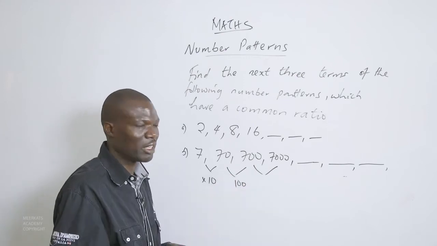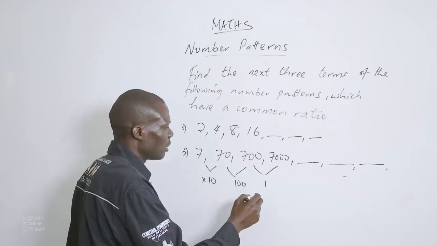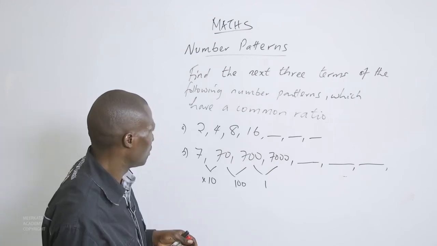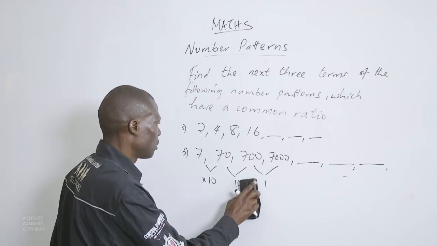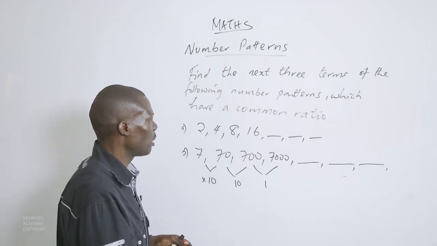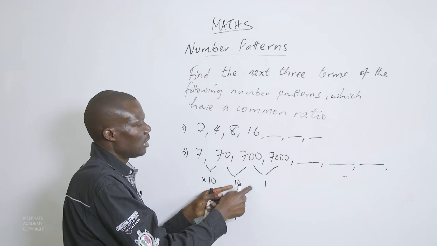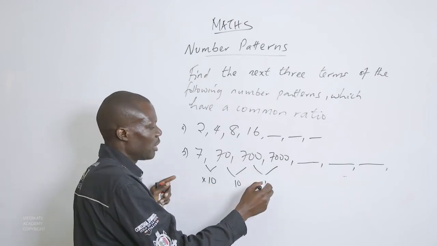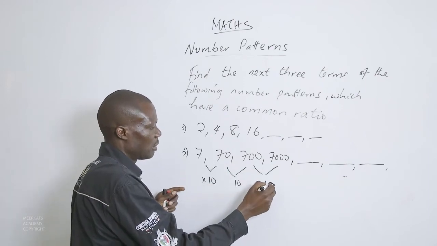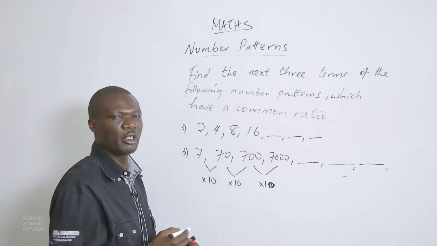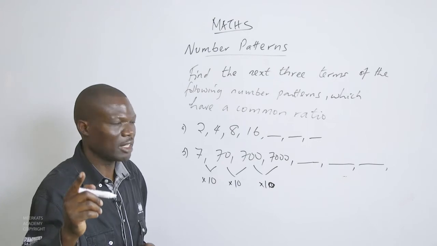7,000 divided by 700 is 10. You'll find that 7,000 divided by 700 divided by 70 is 10. So everything you are getting, you are multiplying by 10.